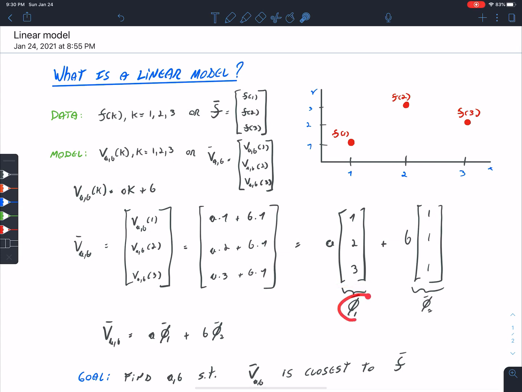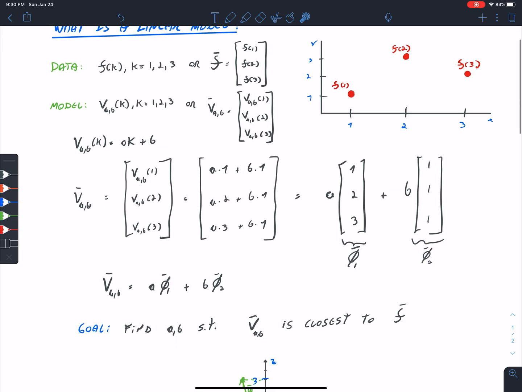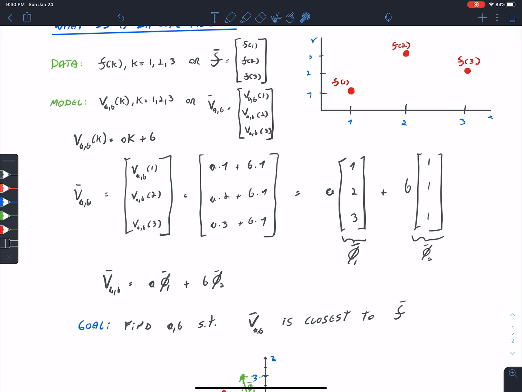Furthermore, we can call this vector 1, 2, 3 vector phi1. It's just a name I'm giving it. Likewise, I'm calling this vector of 1, 1, 1 vector phi2. So our model can now be interpreted as a linear combination of 2 vectors, phi1 and phi2. The coefficients of this linear combination are given by a and b.